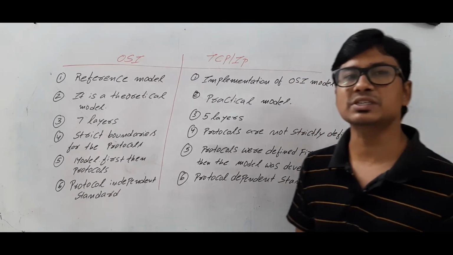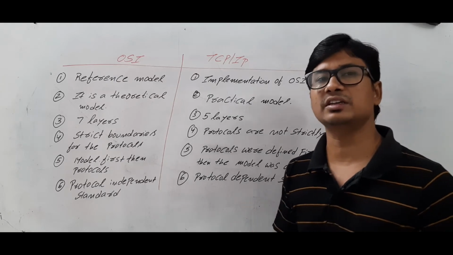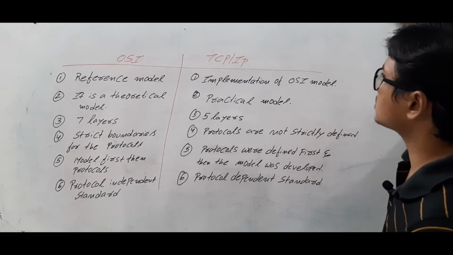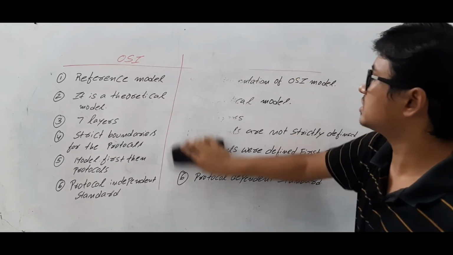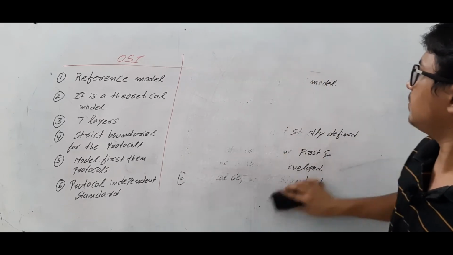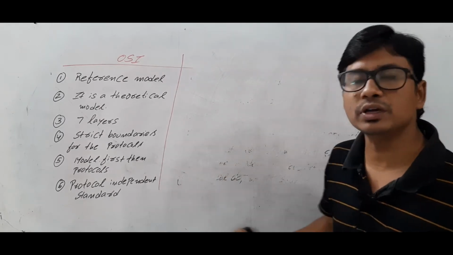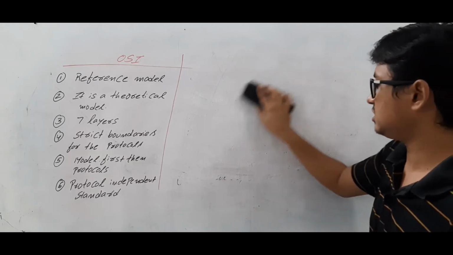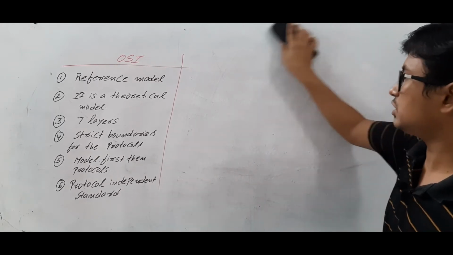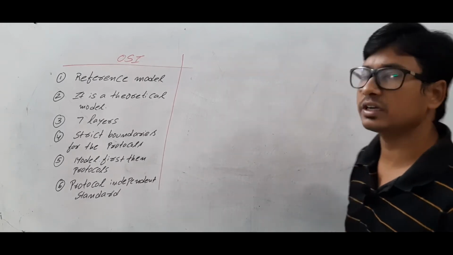Then you can ask me, sir, what protocols are there in the TCP/IP model? Let me discuss a few of them, because the protocols are the heart of the TCP/IP model; without the protocols the model was not developed.